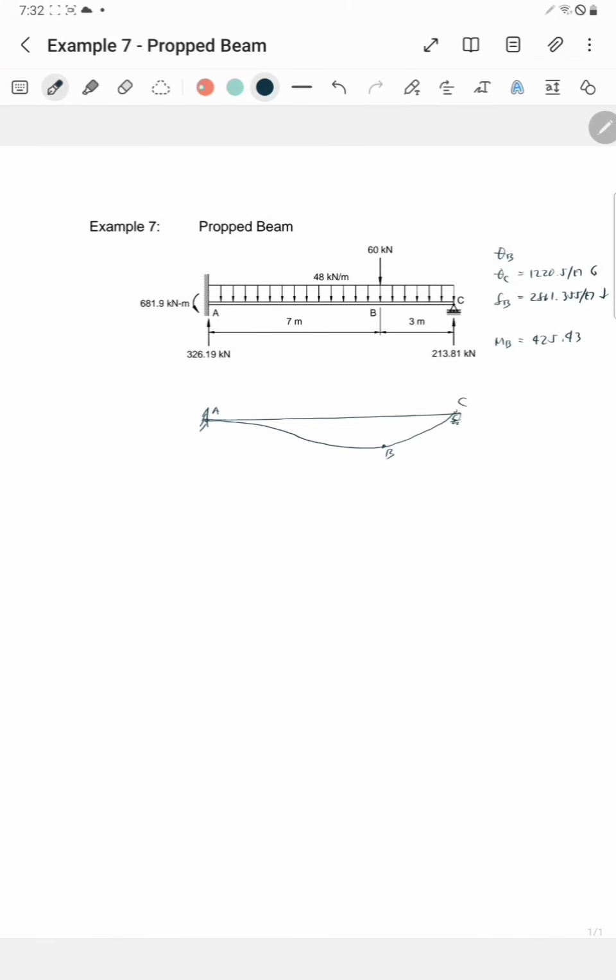For theta B, we cut at B and we have two options, we can choose left or right. So let's choose right first. So the direction is B to C, so right. The applicable formula is for theta right. This is the formula for theta right, and theta B is equal to negative.